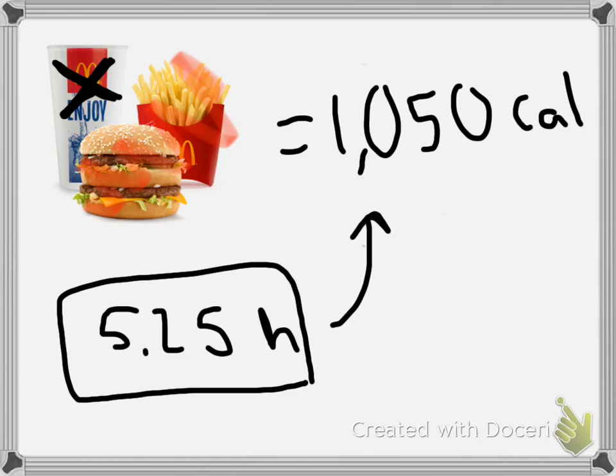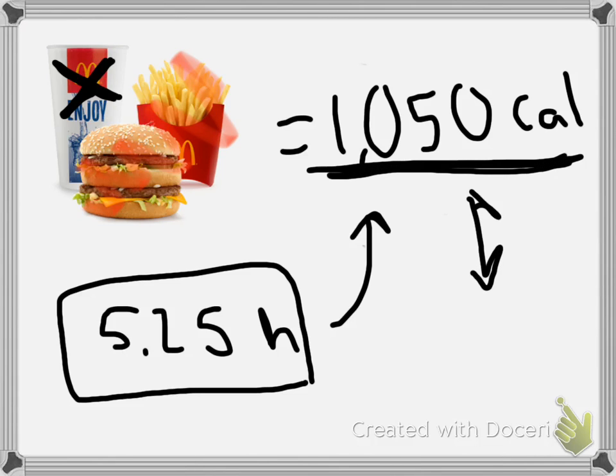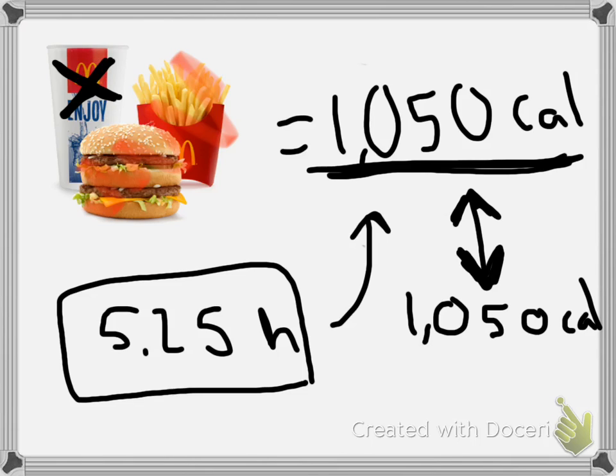I'm transferring energy from chemical potential energy, which is this 1,050 calories, into a different form of energy. And remember that energy cannot be created or destroyed, so the amount of energy that I release when I do exercise has to be the same. So you're not actually creating or destroying energy, you're just transferring that energy to a different form that will not make you gain weight.